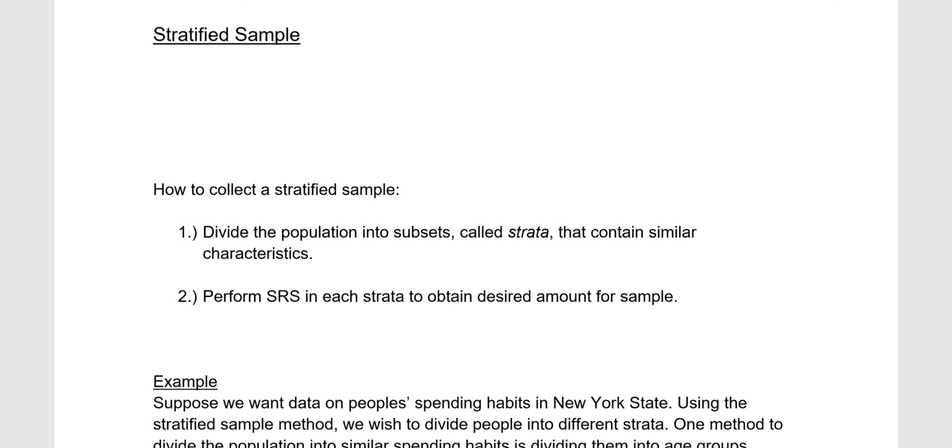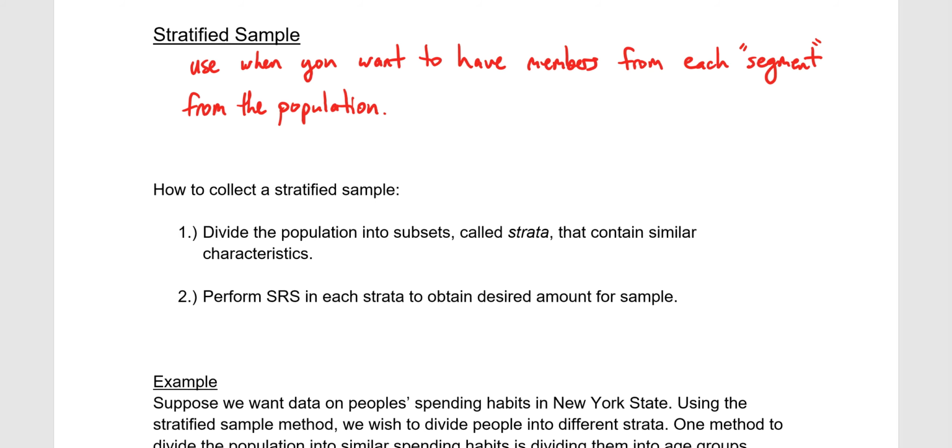Okay, let's move on to the next thing, which is a stratified sample. We are going to use this kind of sample when we want to have members from each segment of the population, so we'll see what that means in a second. The way that we collect a stratified sample is first we divide the population into subsets.